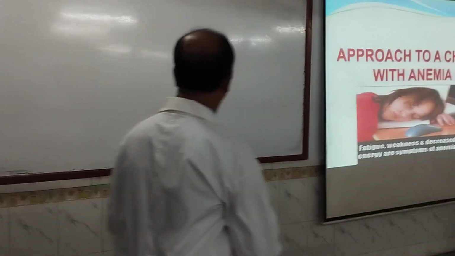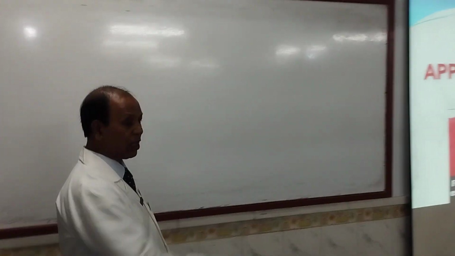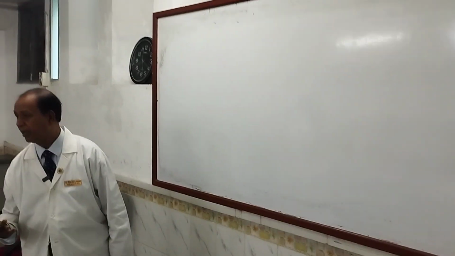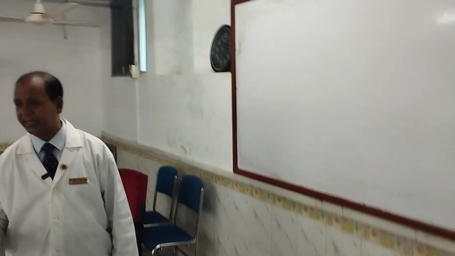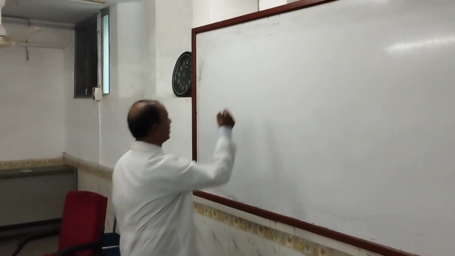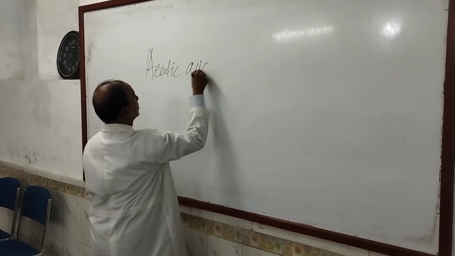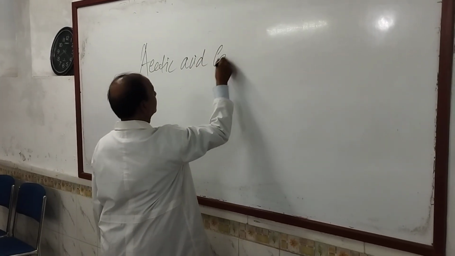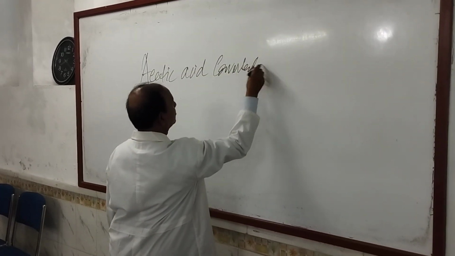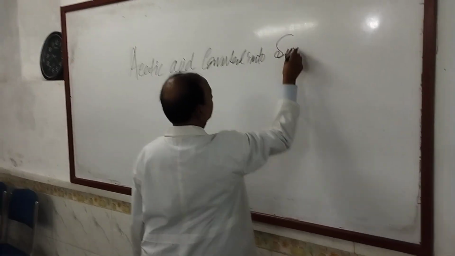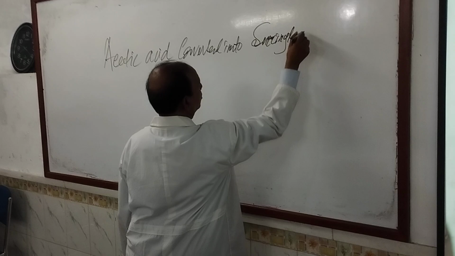Look at the blackboard. First of all, hemoglobin is synthesized from the Krebs cycle. From acetic acid, acetyl CoA is converted into succinyl CoA.